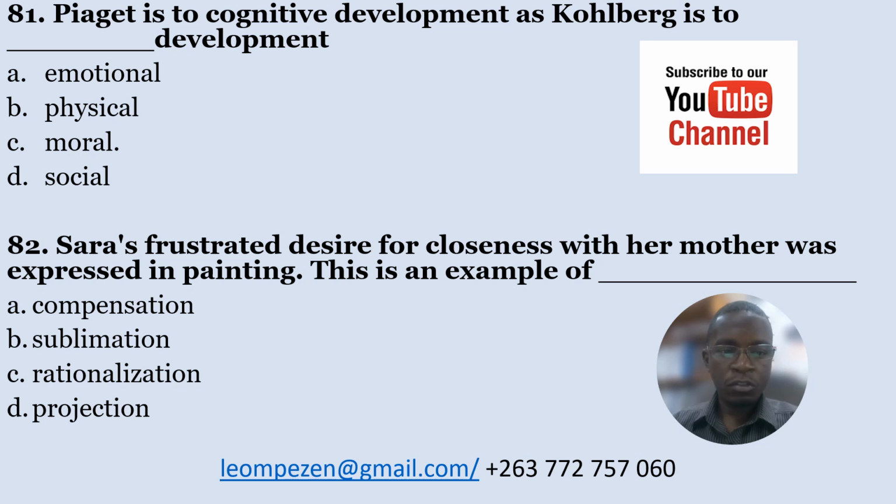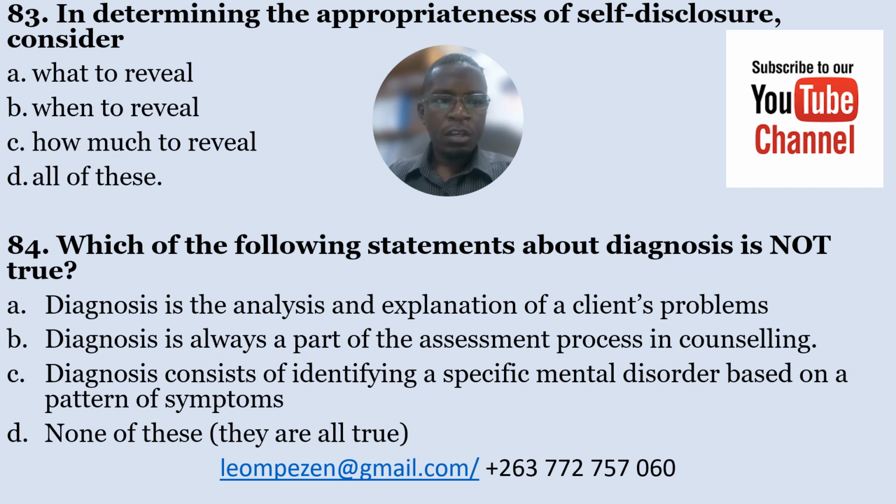Number 82, there's considerable evidence indicating that the therapist is extrinsically intertwined with the outcome of the therapy. Number 83, in determining the appropriateness of self-disclosure, consider: A, what to reveal; B, when to reveal; C, how much to reveal; and D, all of the above.